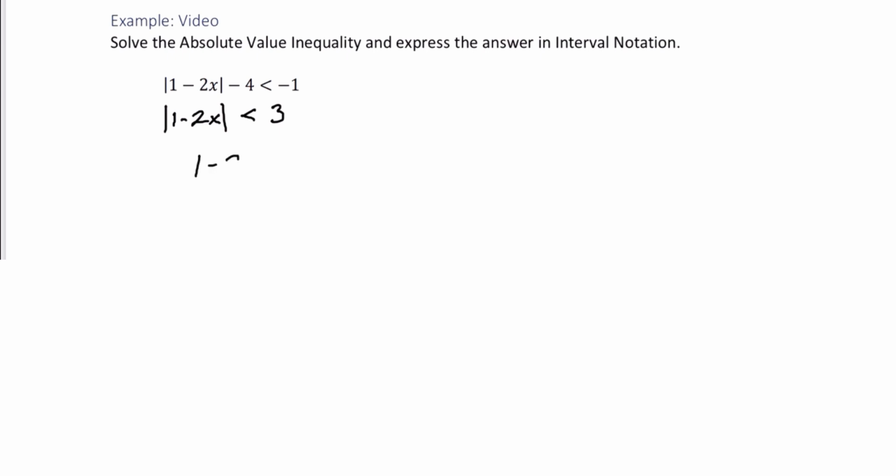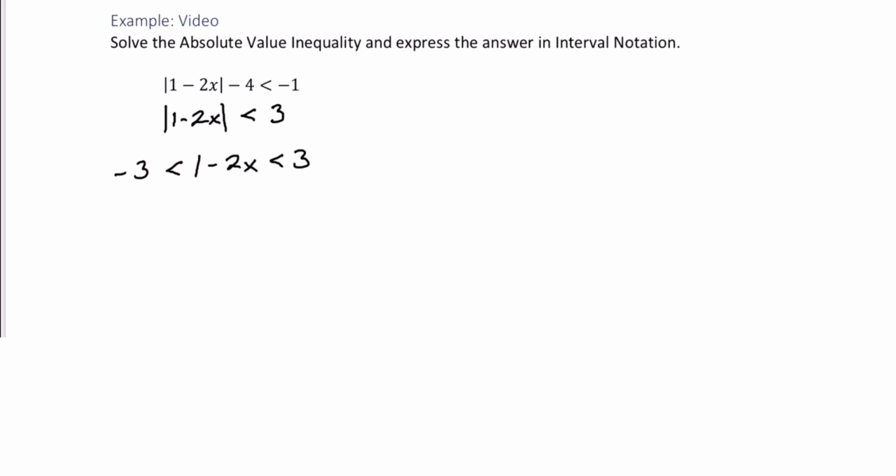First, we'll copy what we have, but drop the bars. And then on the right side, you want to keep the same symbol, the less than symbol, and we'll change the sign of this number and put it over here to make it negative 3.